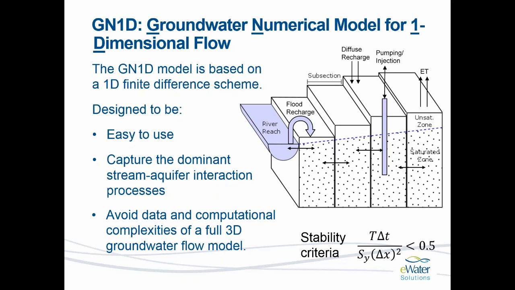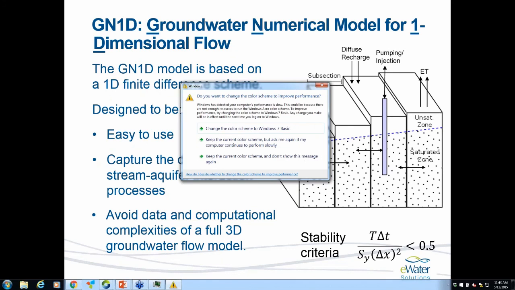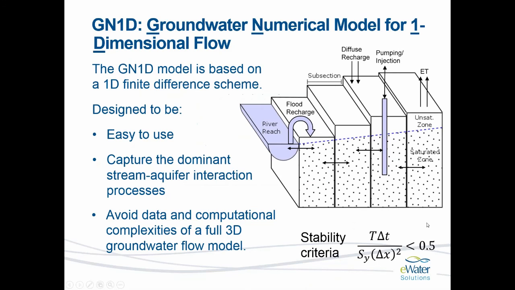It will calculate groundwater levels based on the cross-section. There's also an unsaturated zone represented for overbank type events. There are very similar processes modelled in the numerical model as are represented in the saturated connection model.